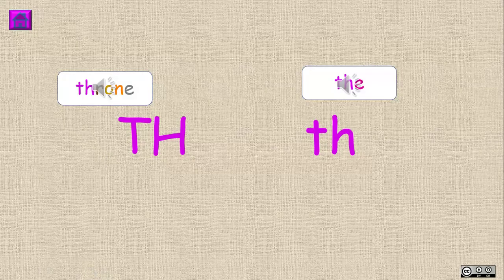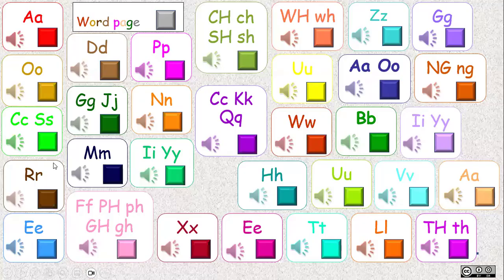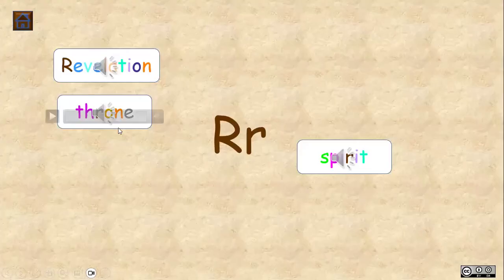The next sound in the word throne is r. Find that on the home page. The brown is er. We go to that page and we find throne.